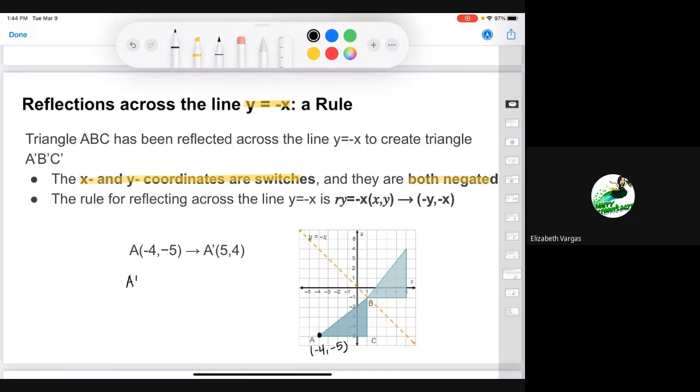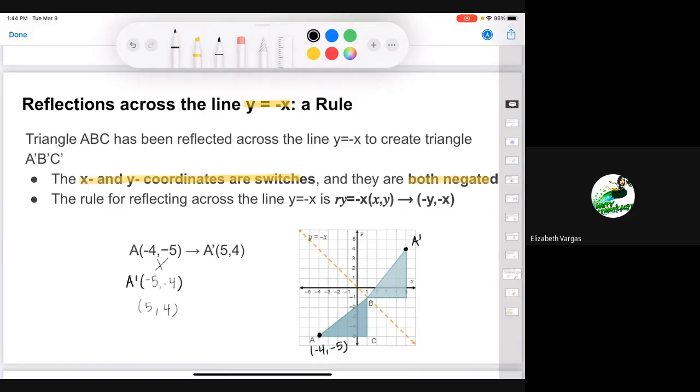So I want to map that. What am I going to do? I'm going to switch my coordinates first. So -5, -4, and then I'm going to negate them. So I'm going to change the sign. So now I should map at 5 and 4. 5 and 4, so this would be my new A.